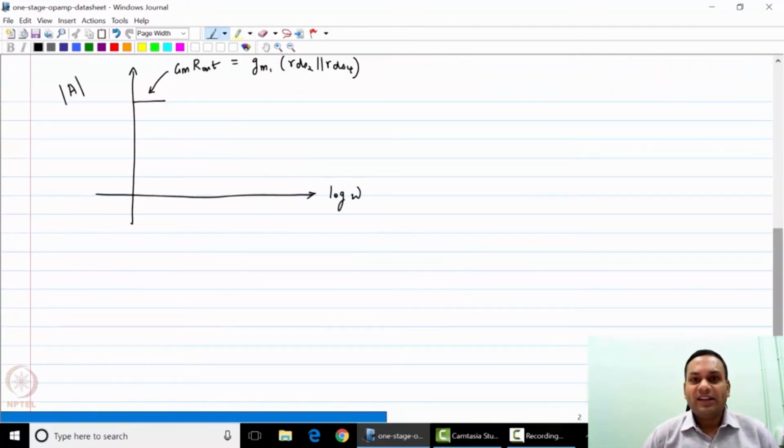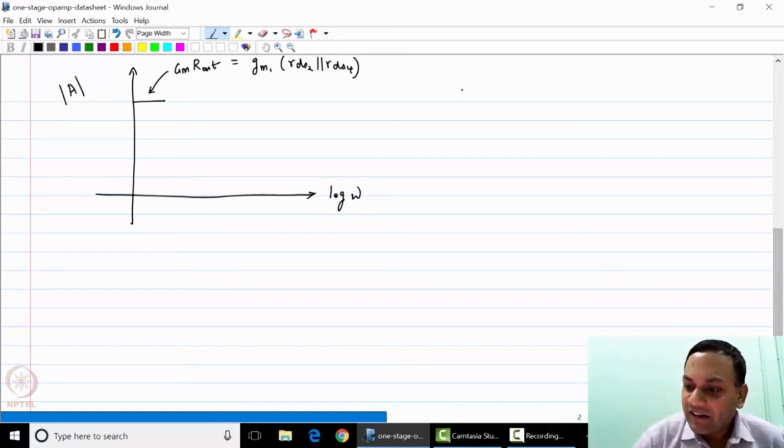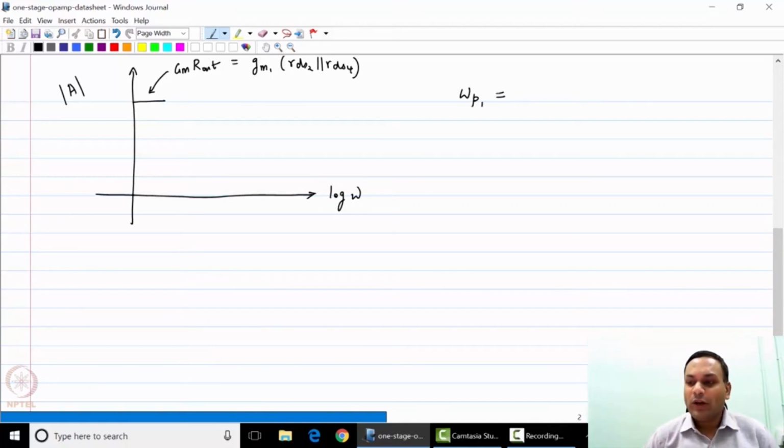Now it turns out that because you have a resistance R out and a capacitance CL, this particular op-amp is going to have a pole, and the pole frequency, I'll call that omega P1, is going to occur at 1 over R out times CL.